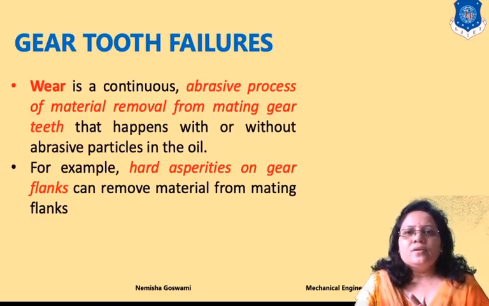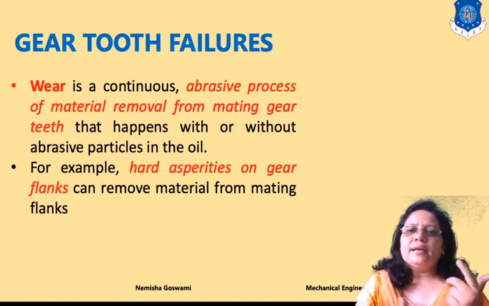Last is wear. Wear is a continuous process. It may be abrasive wear, when particles of one component are taken away by particles of another component. These types of wear are known as abrasive wear. This can happen with or without abrasive particles present in the lubricating oil.